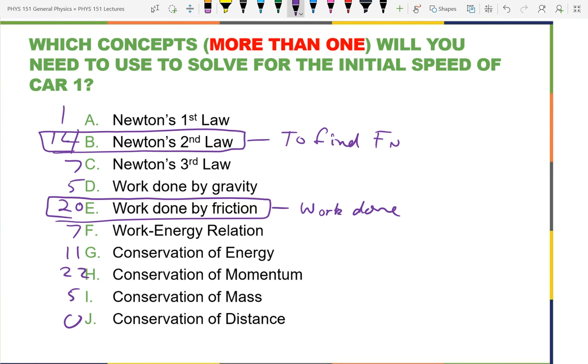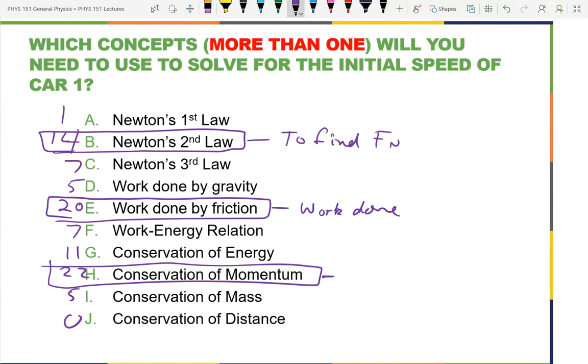Okay, next up is Becky. She knew she was going to be in the first half. So what you got, Becky? H. Conservation of momentum. Why?